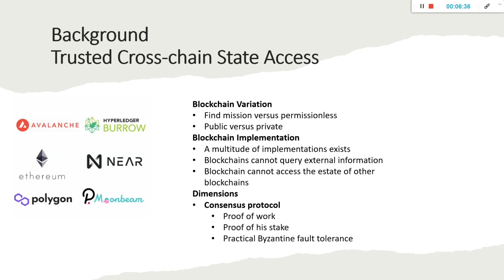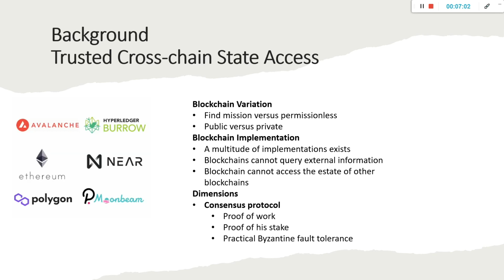So smart contract interaction needs a common execution environment. Here we know there are a lot of popular smart contract or blockchain network execution environments, including Avalanche, Ethereum, or Hyperledger Burrow. There are a lot of variations among the networks, including public and private.